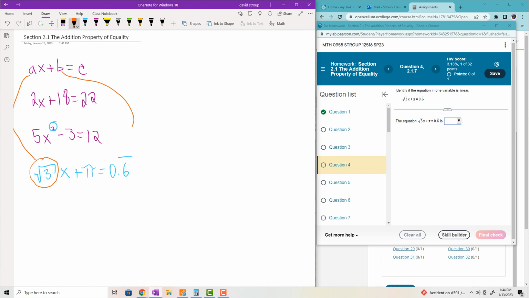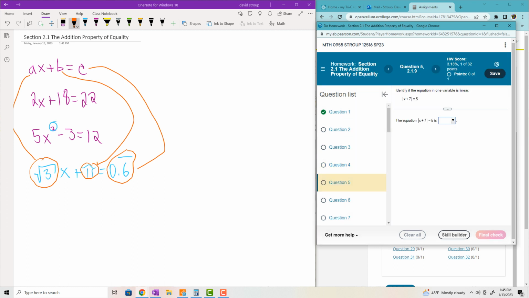The b value is pi, and then the c value is that repeating decimal, the 0.6 repeating, and they're all real numbers. So the thing is, we're probably not going to be using roots, irrational numbers, and repeating decimals in our equations. But it turns out that this guy is linear, and it gives you the choices there.